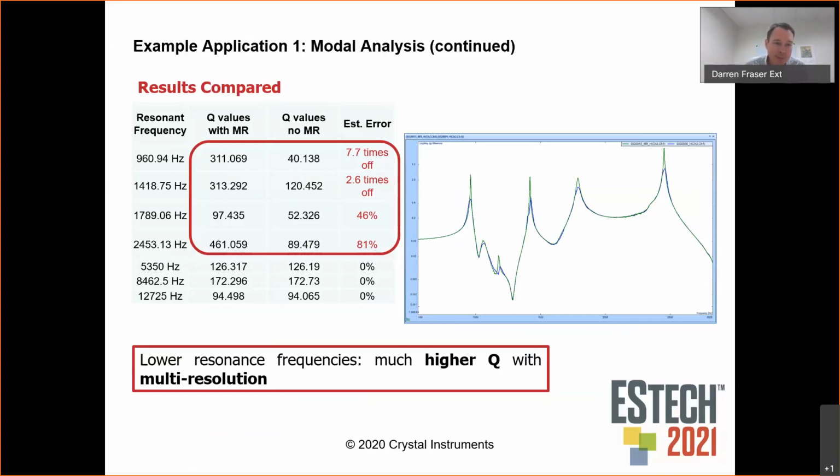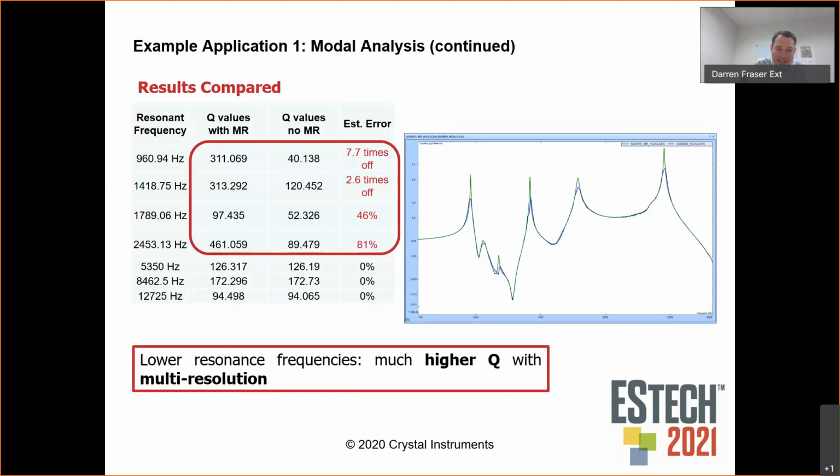And that should make sense because, again, with multi-resolution, we have so much more information that we can use with that higher resolution. And you'll see this again in the 1,400 hertz row, as well as the 1,789 hertz resonant frequency.